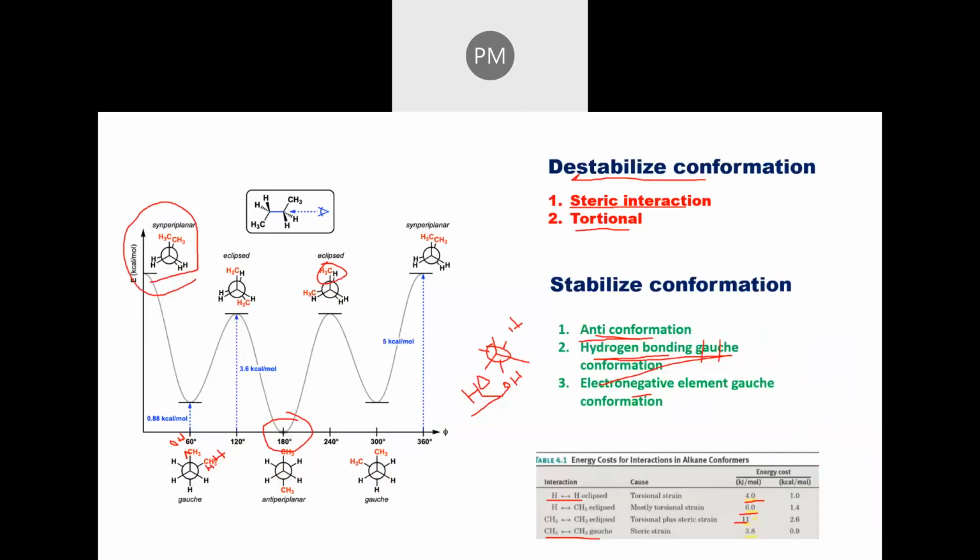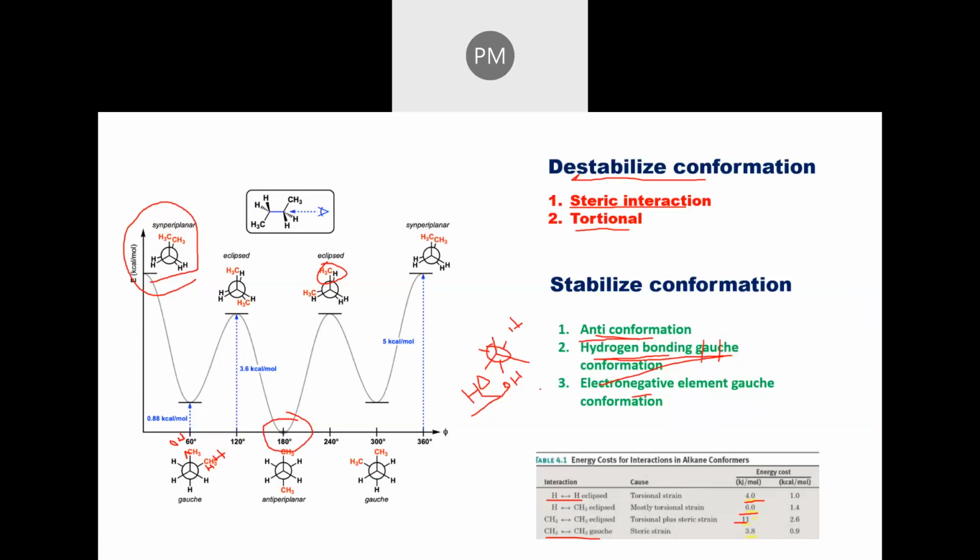and we find out the conformational stability. From the conformational stability we have to draw the diagram, and we have to remember that when there is steric crowding, it will be a less stable conformation. When there is no steric crowding, the anti conformation will be the more stable one. And in a special case, if the molecule is prone to hydrogen bonding or any gauche type of interaction, then that conformation would be more stable.